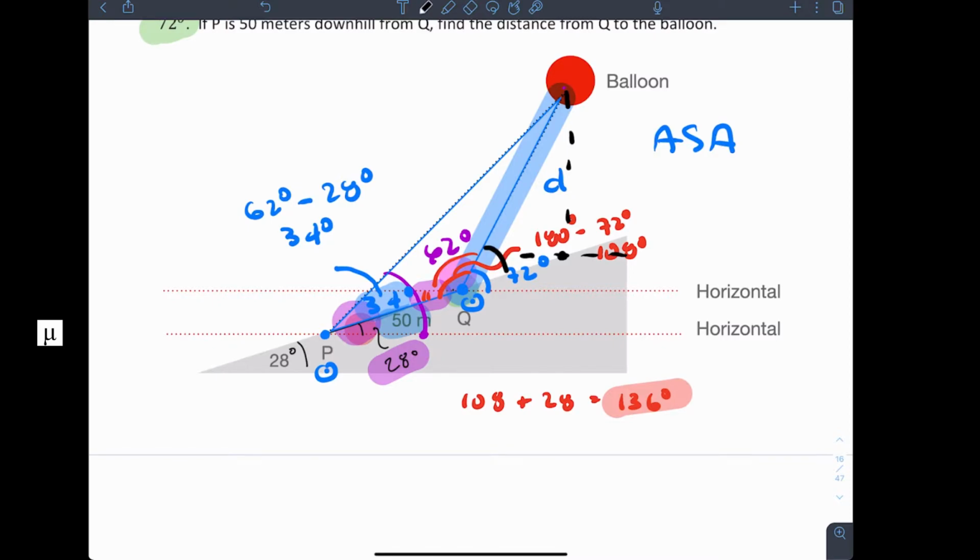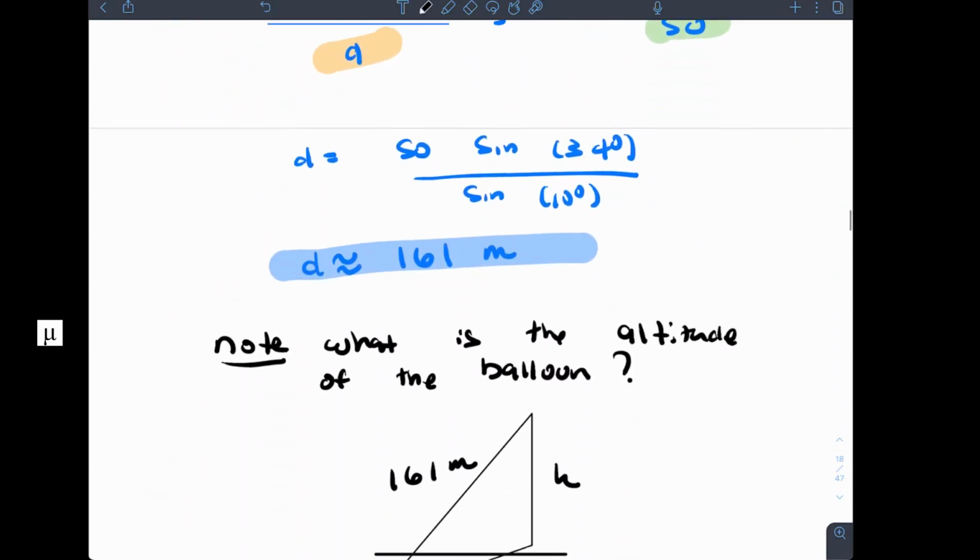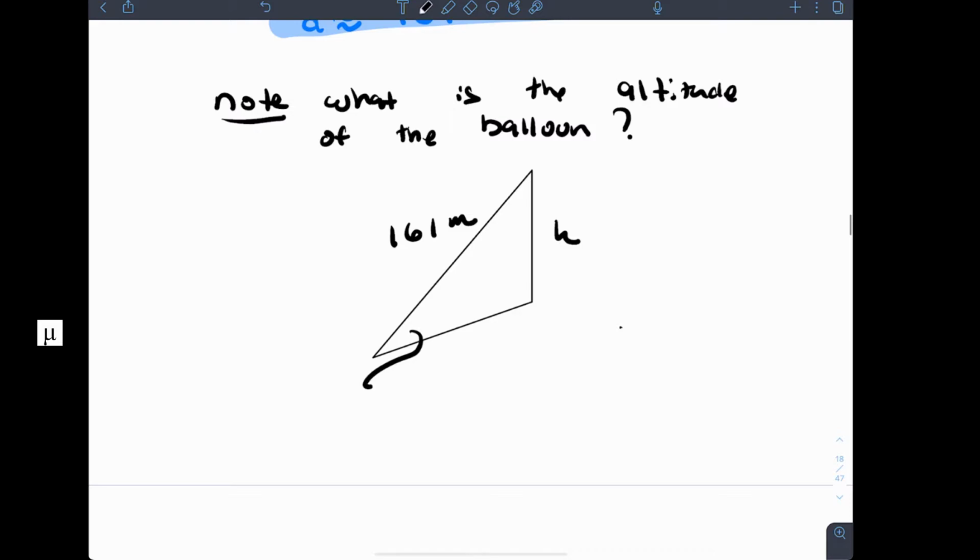And you have to find these two angles. I think you're going to have 72 minus 28. Is that right? So this corner will be 72 minus 28.